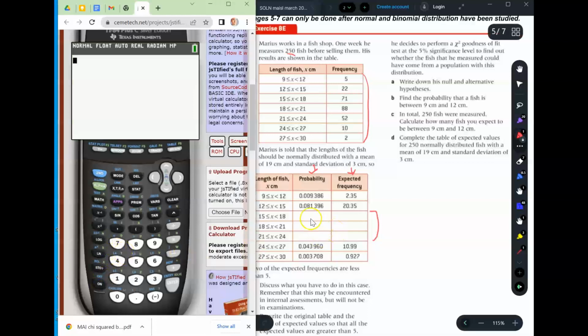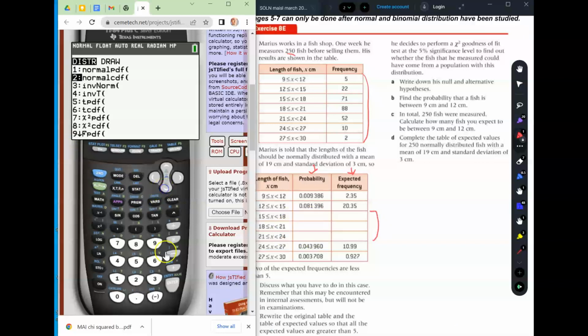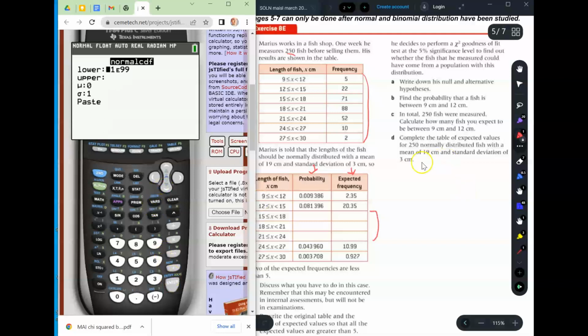What we're going to do is use second distribution, norm CDF, to find what numbers go into these three cells here: 15 to 18, 18 to 21, and 21 to 24. Let's do that first. We'll do second distribution, and then go to norm CDF, because norm CDF is what we use to change intervals into probabilities.